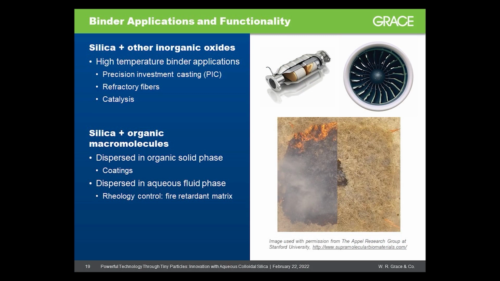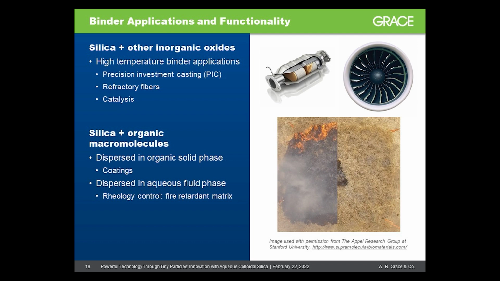We'd like to focus now on a few selected applications and highlight the silica functionalities that are important for imparting unique performance in these systems. As a first example, we will consider silica in combination with other inorganic oxides in binder applications. As mentioned previously, one of the first patents for Ludox colloidal silica was as a binder for catalyst particles.